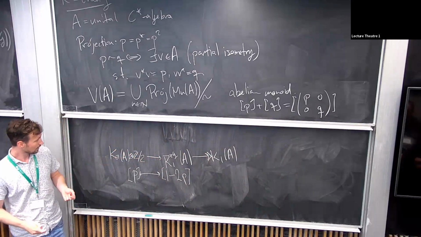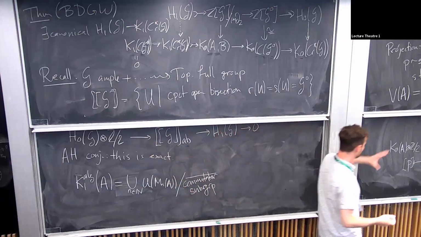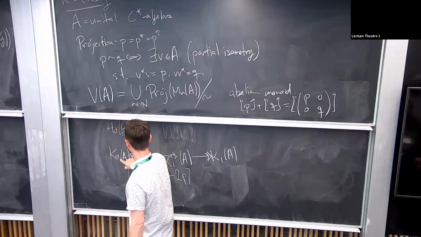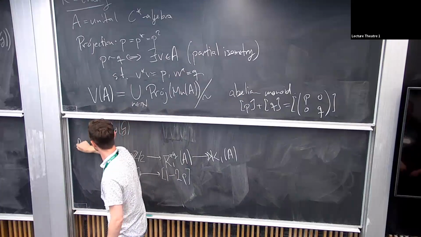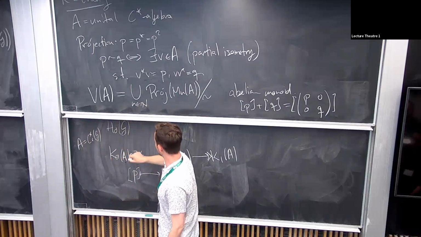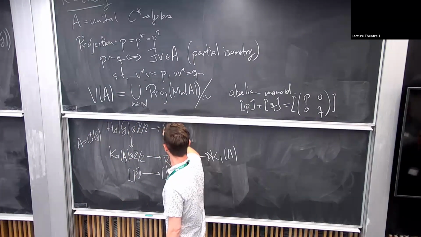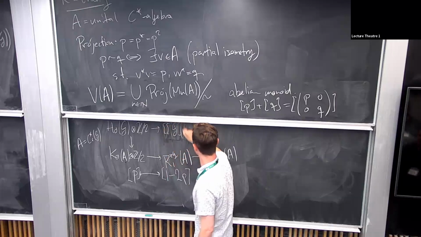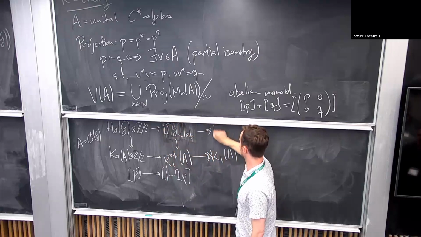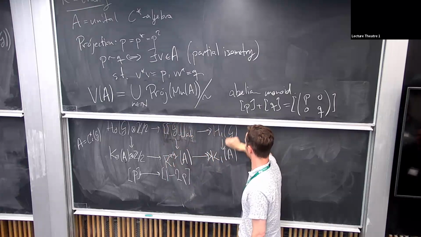And moreover, you can show that, let's pretend that A is this reduced groupoid C-star algebra, the obvious maps that go like this make the diagram commute.